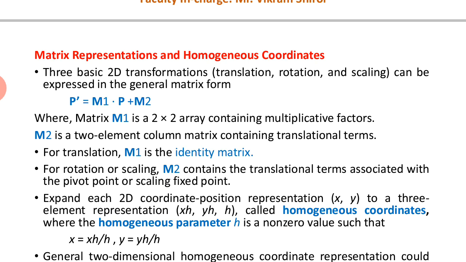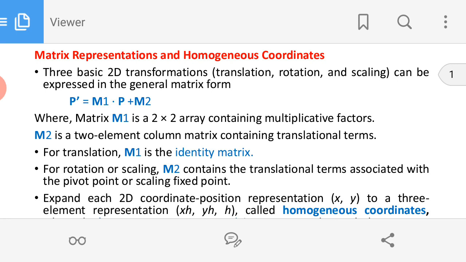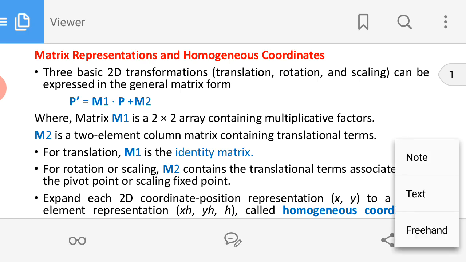Today we are going to take the same concept and attach another concept to it, called the homogeneous coordinate system. We will be representing those three basic types of transformations in terms of the homogeneous coordinate system.